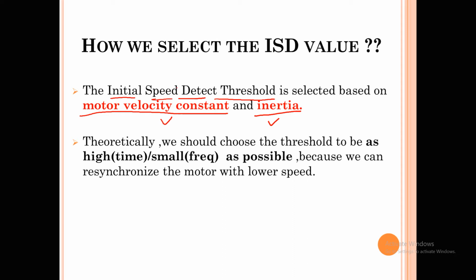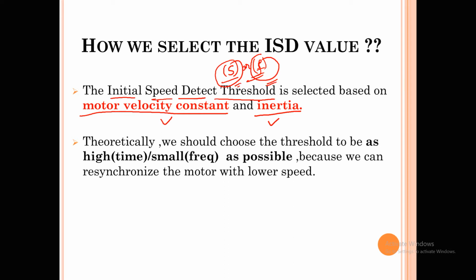Okay, and this value is mostly in seconds or milliseconds, or in frequency. So it is always in time as well as frequency. Some devices use time as a reference for the parameter definition, and sometimes they use frequency. So we will see both.